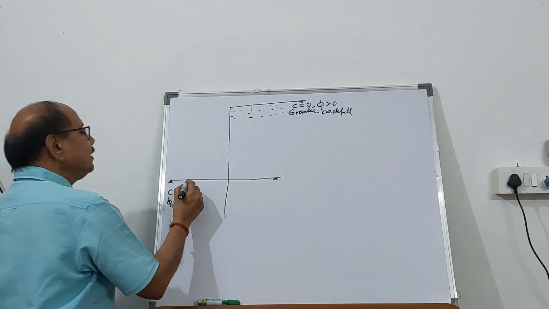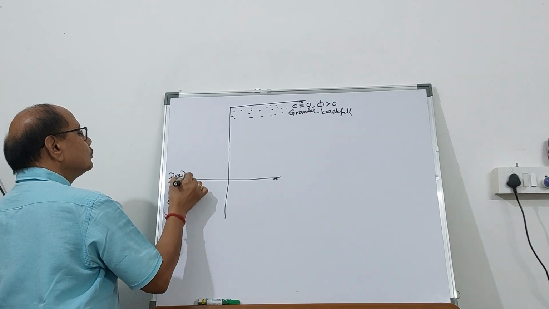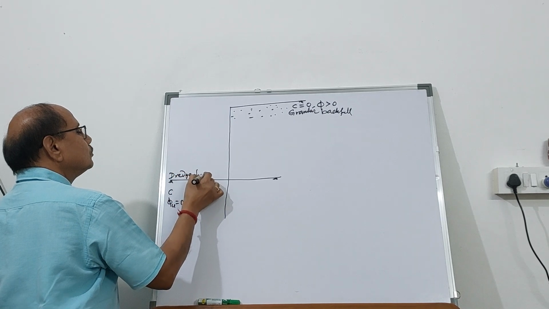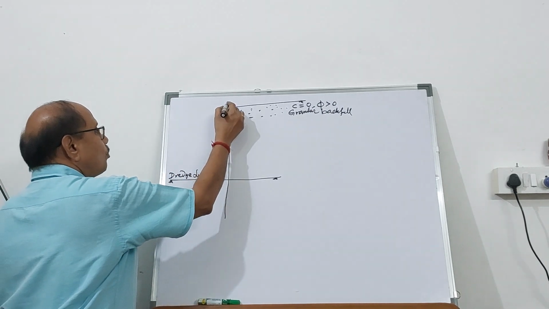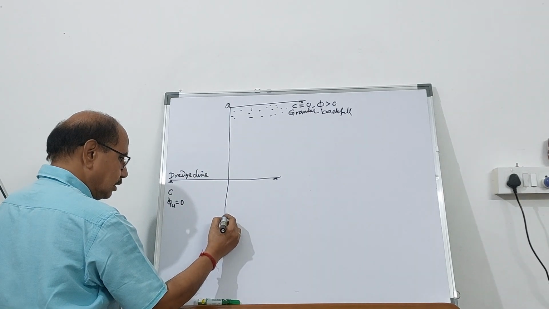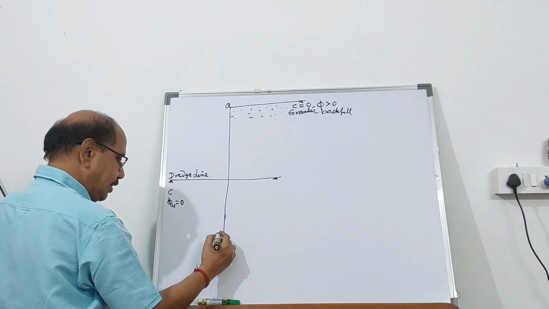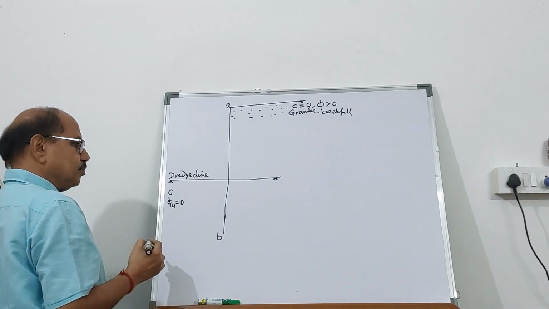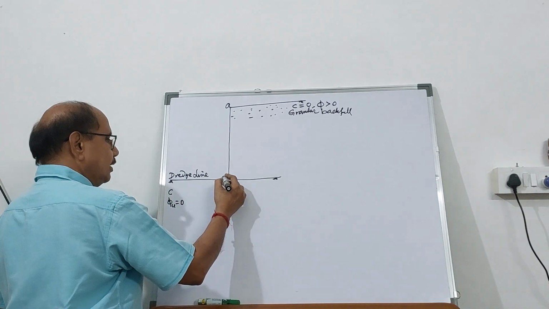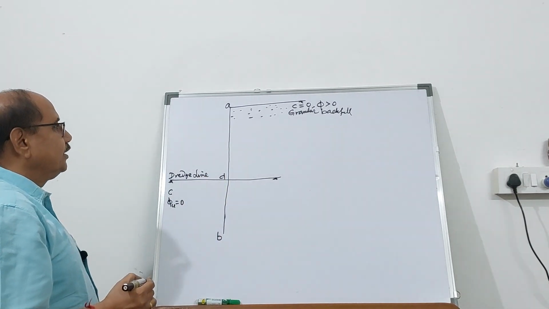And this is the dredge line. This is the top point A, and let's say the bottommost point is B, and dredge line, this is D.